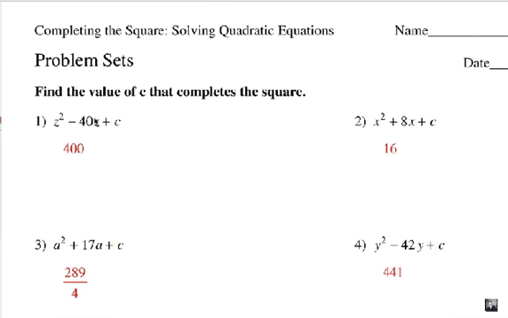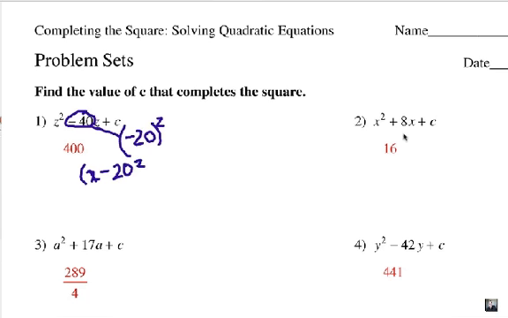Here are the answers. In number 1, negative 40 is your coefficient of the middle term. So what's half of that? Yep, negative 20. But square it. What's negative 20 squared? Positive 400. So if we had a 400 right there in place of c, we would have a perfect square trinomial, and we'd be able to write it as a squared binomial, z minus 20.